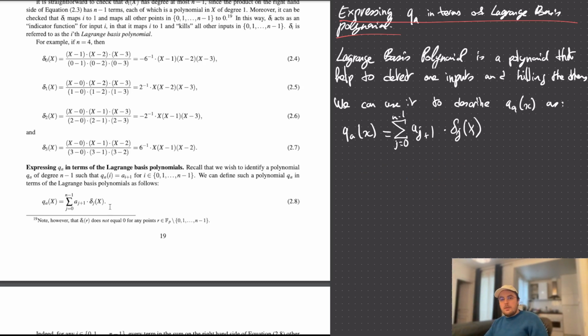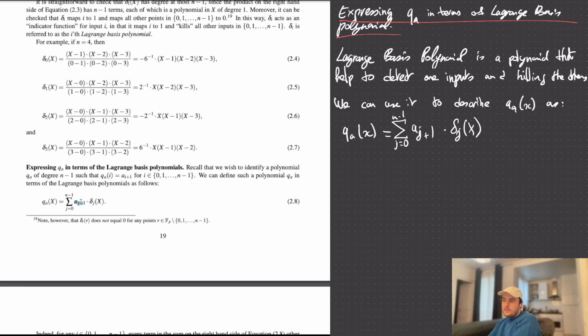I don't know if I was very clear, so I will try to explain it again. This is gonna give 1 only if x is equal to j, right? If x is equal to 3, then we get 1 here, and if it's equal to 2, then it's not equal. So if j is equal to x, it will be 1. And every time x is not equal to j, it will be 0.